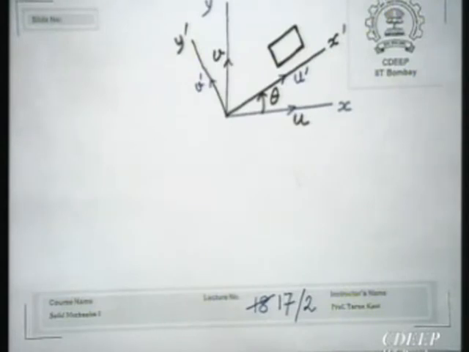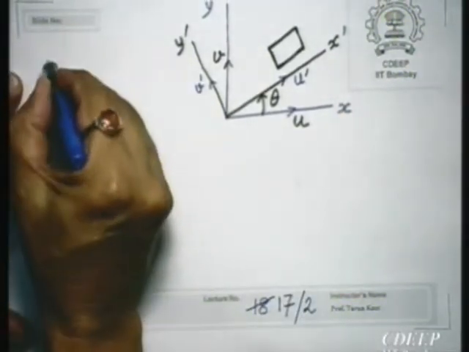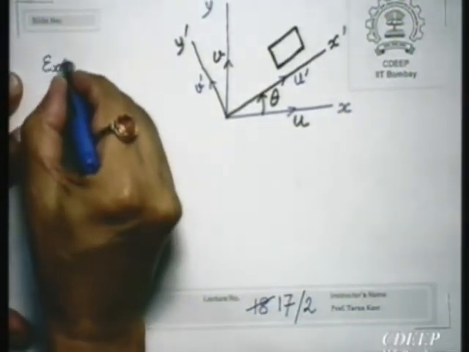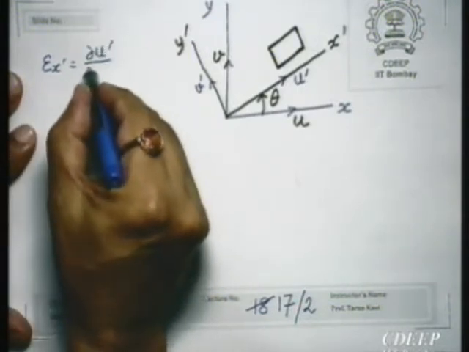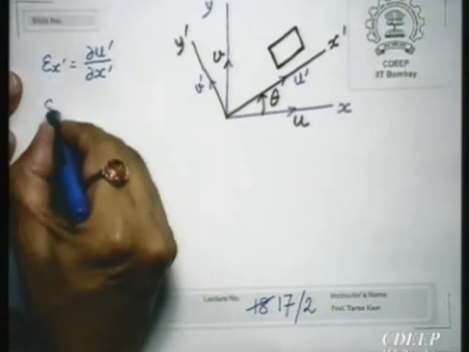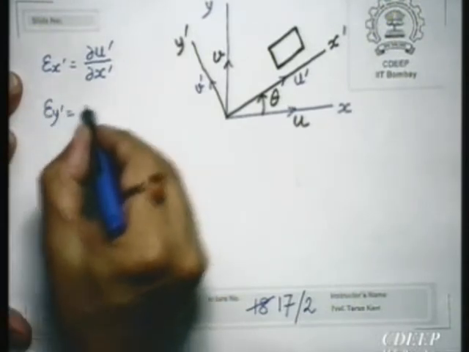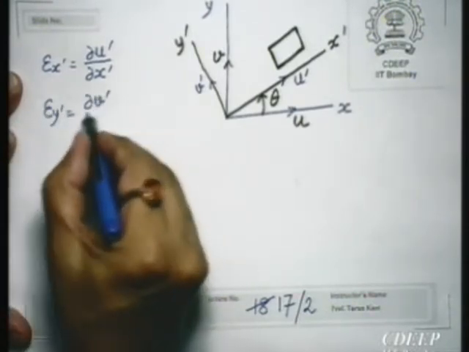A simple relation will tell you, if you want to find out the strain displacement relations with reference to x dash y dash axis, then it will be simply this. There is no confusion.